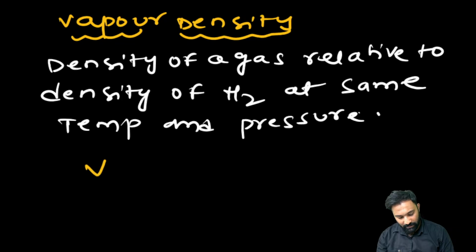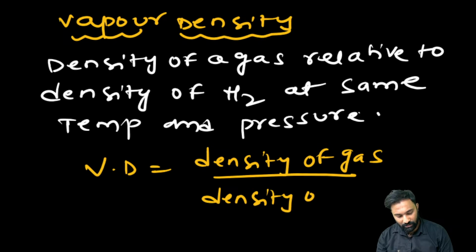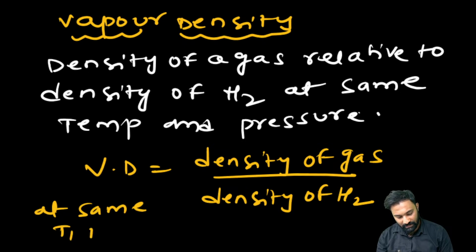So vapor density is equal to the density of some gas by the density of H2, at the same temperature and pressure.